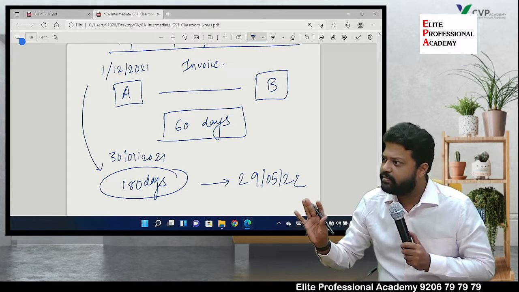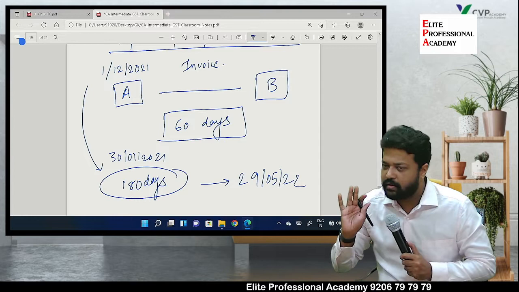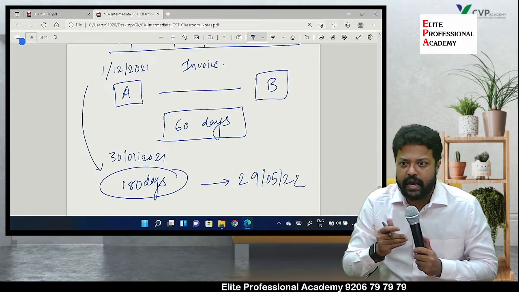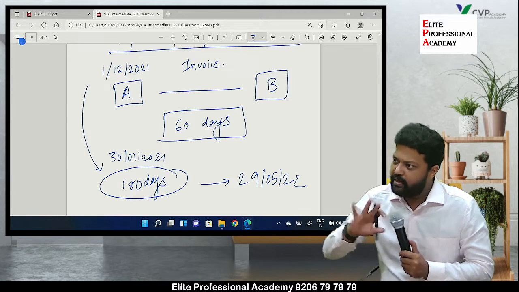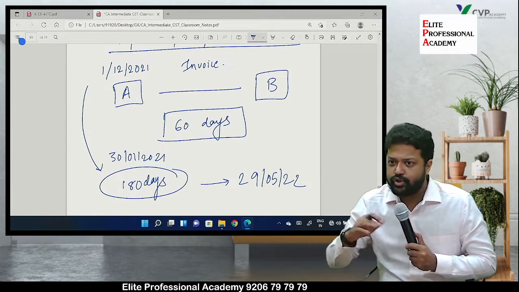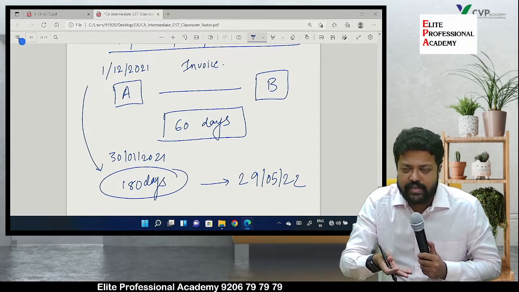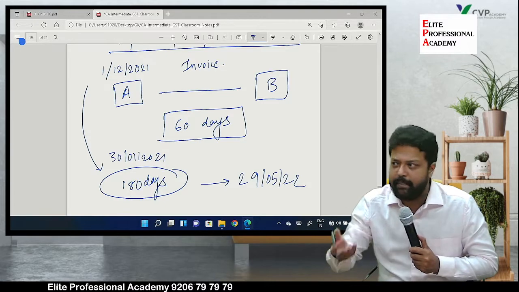December itself. At that point nobody knows when the payment will be made in future. At that time only terms are agreed between buyer and seller. Nobody knows. But assuming that everything will be fine, A will sell the goods, show it in his GSTR1 as outward tax liability, and B in his GSTR3B claim it as input tax credit.